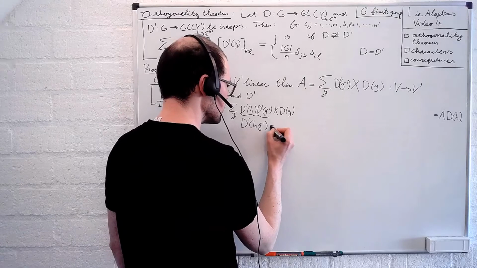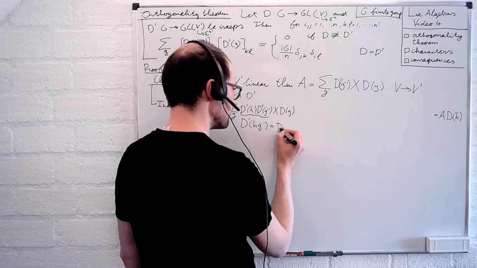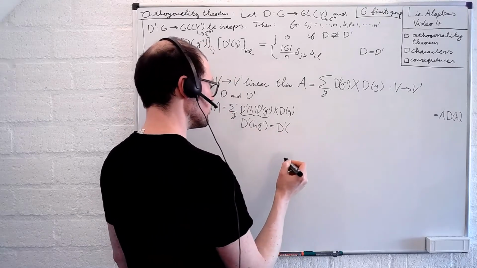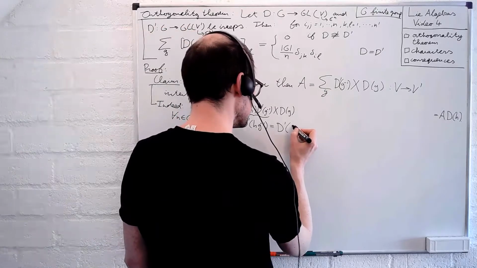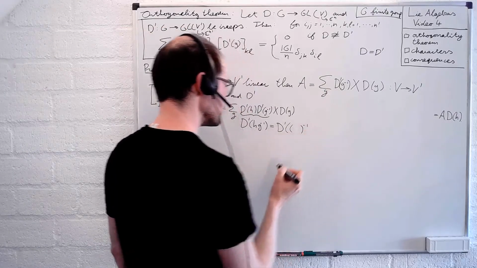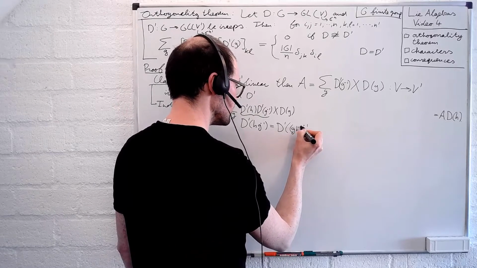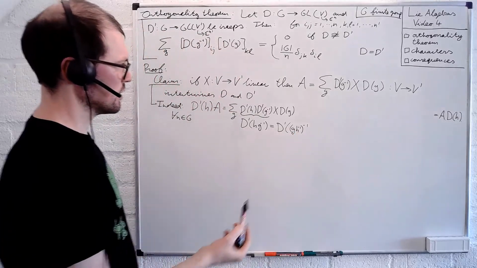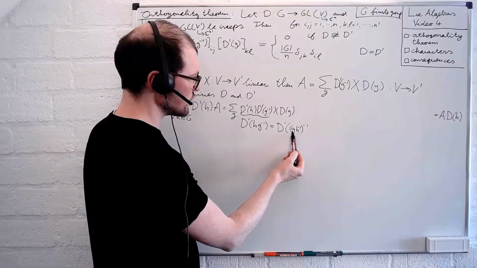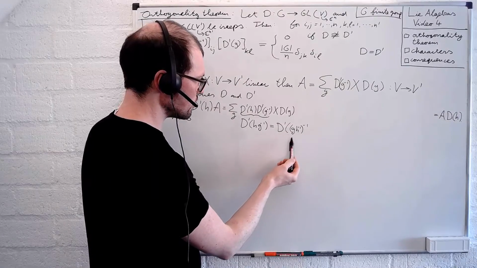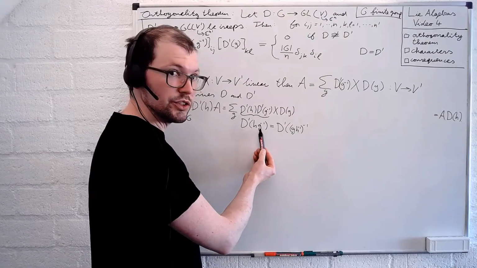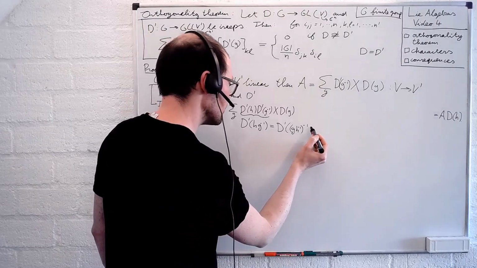But I can also write this as D prime of the inverse of G H inverse. If I take the inverse and interchange the order and take the inverse of both elements, it gives me H G inverse. Okay.